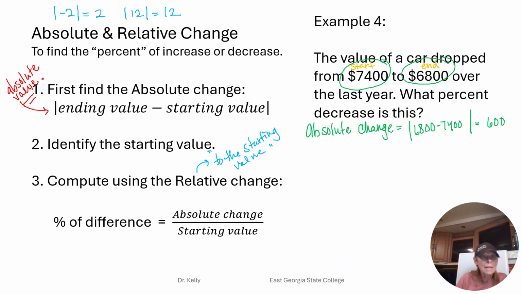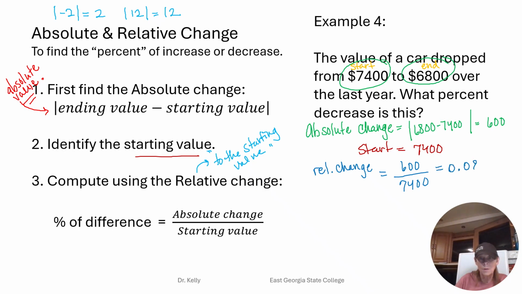Now, the second step said identify the starting value. Well, the start value was 7,400. So our relative change is equal to 600 divided by 7,400. And when you do that math, we get 0.081 continued.